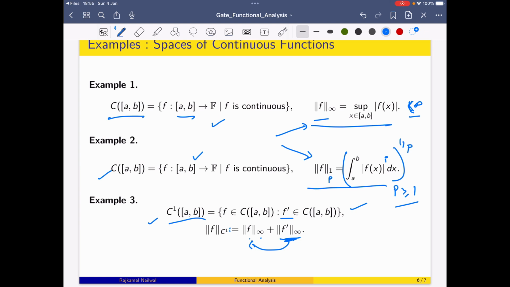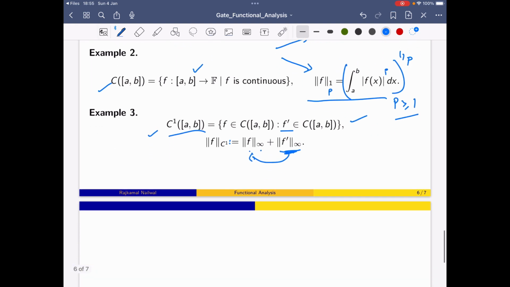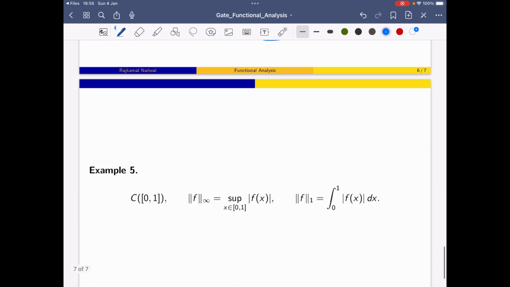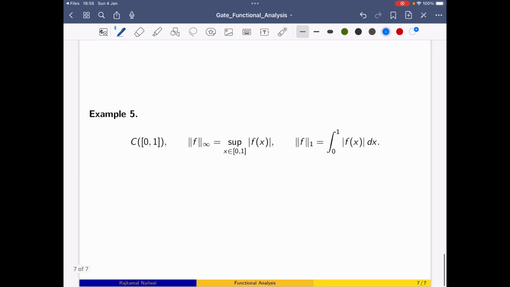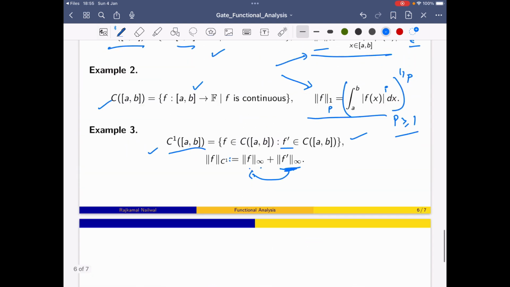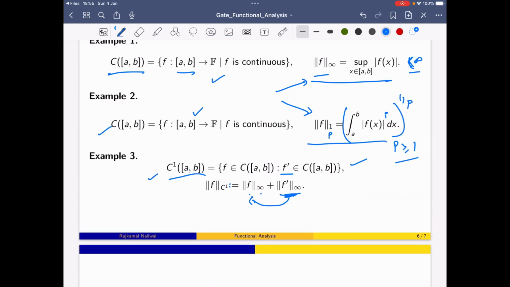So what we saw is that on the same space we can have different norms. So this is precisely on C[0,1]: you have the supremum norm, this is called the supremum norm, and this is called the one norm. So on the same space you have two different norms. Okay, so today we stop here, and we will see a few more things in the next class.